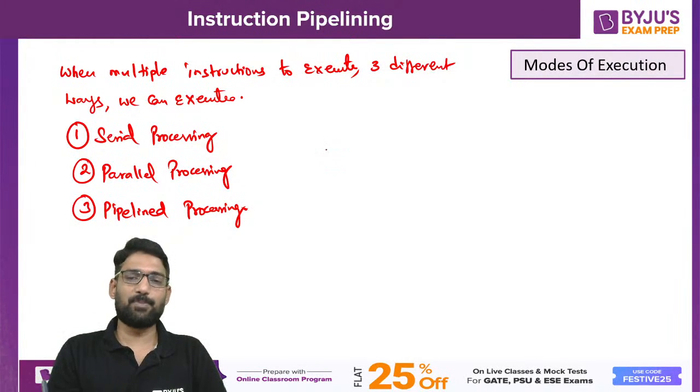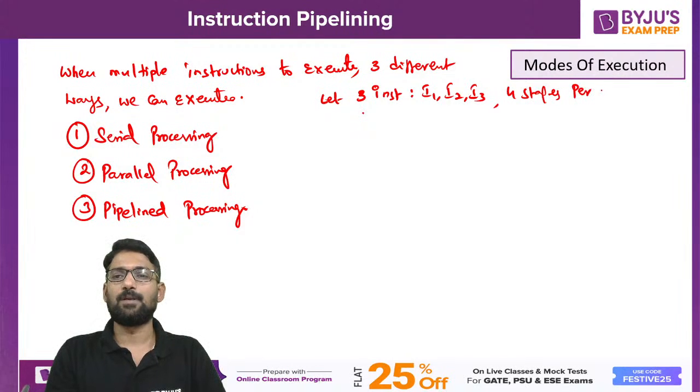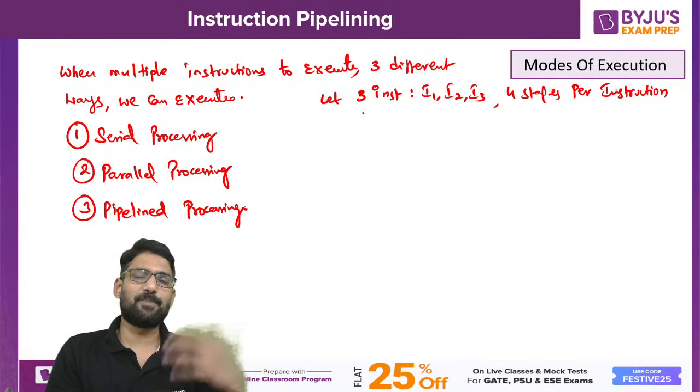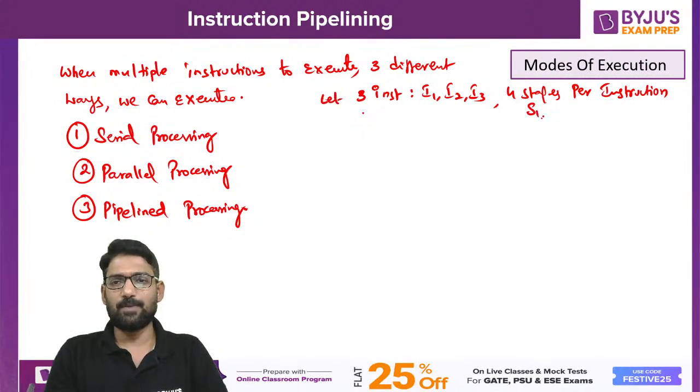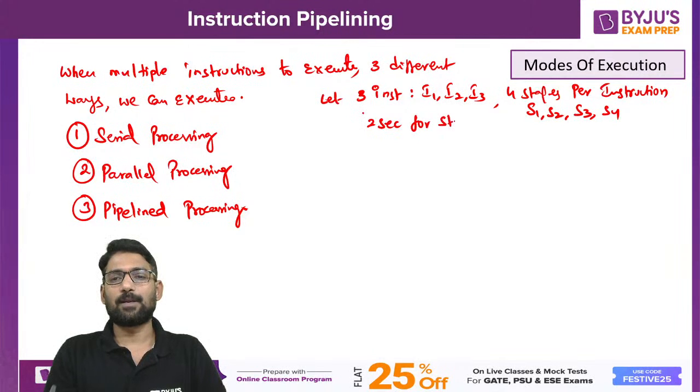What is serial processing? Let us suppose you are having 3 instructions, I1, I2, I3. Each instruction is having 4 stages. Every instruction, if to be completed, requires 4 stages. You name them, fetch, decode, in your own way. So I am giving the general names S1, S2, S3, S4. And let 2 seconds be the time for every stage.